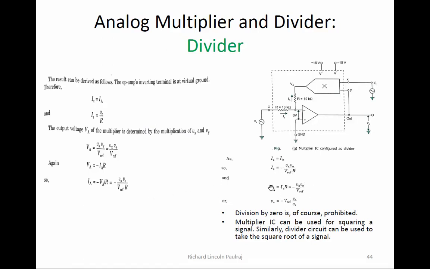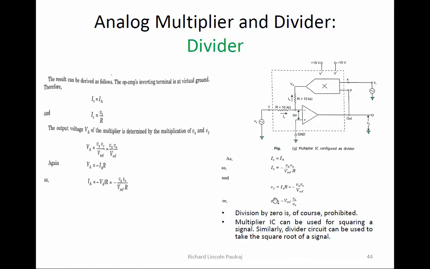Okay. Now, if I want Vz, as we all know, Iz into R. So Iz, I have this whole value here, Vx V0 by V reference, into R. So into R means the numerator and denominator are both going to get cancelled. So I am only going to be remaining with this equation. So V0 is equal to minus, okay, V reference and Vz by Vx.